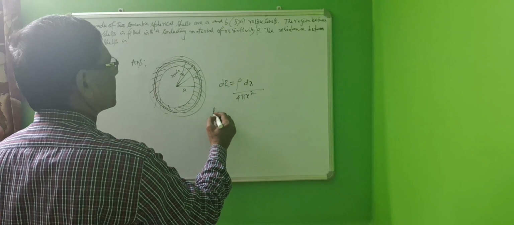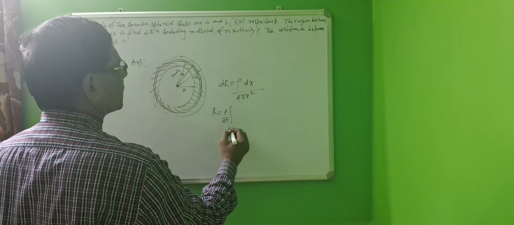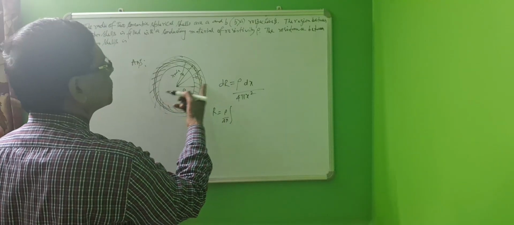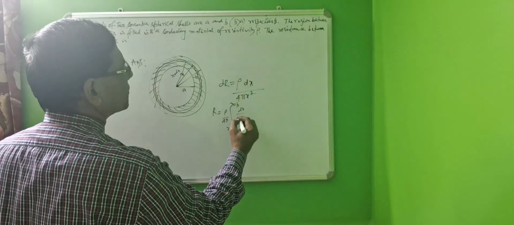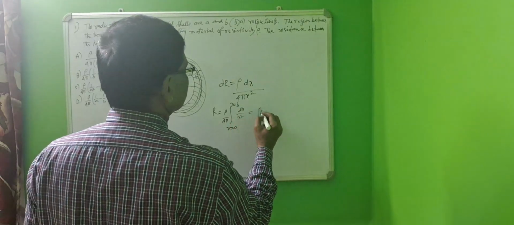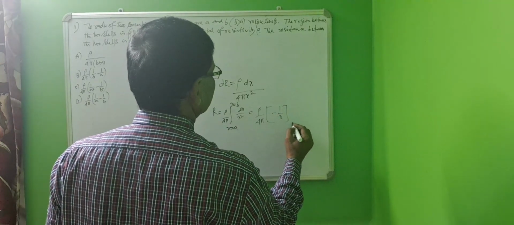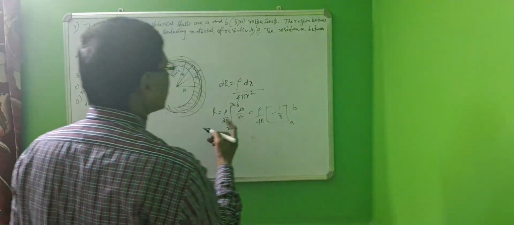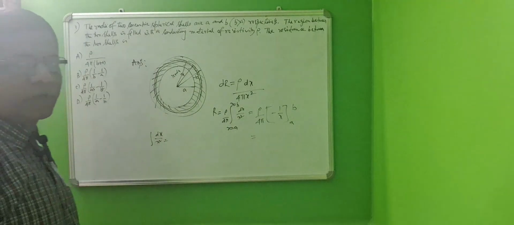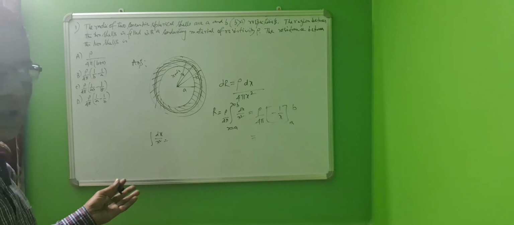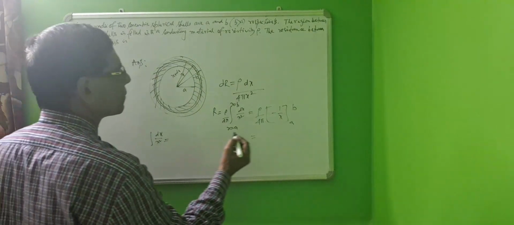Integrating, we can write R equals rho upon 4 pi, integral from x equals A to x equals B of dx upon x square. We know the integral of dx upon x square from the 11th class, so it is not to be mentioned here.